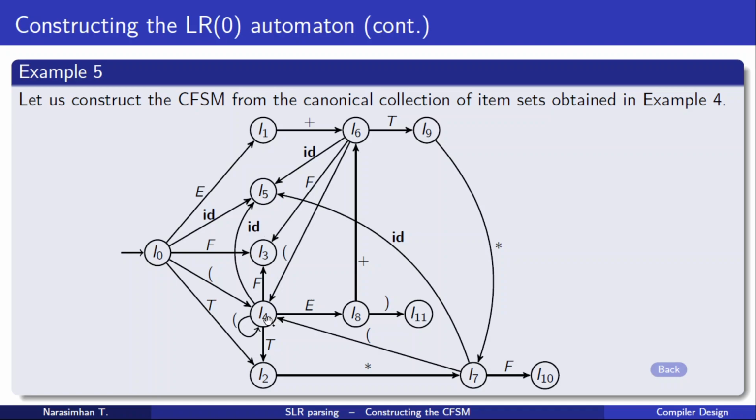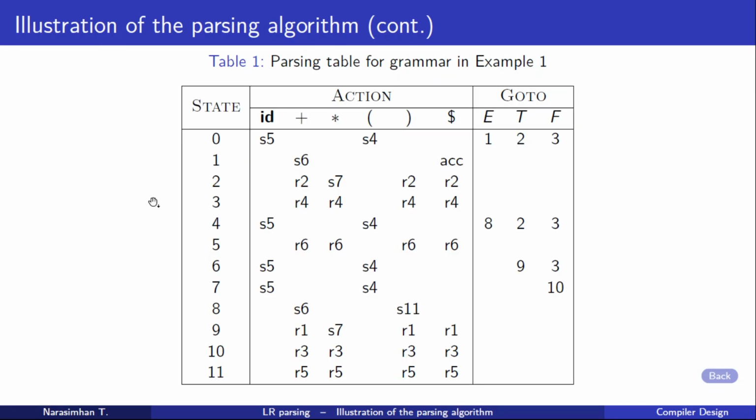What about I4? I4 on E takes you to I8. On T it takes you to I2. On F it takes you to I3. So 4 on E is 8, on T it is 2, and on F it is 3.